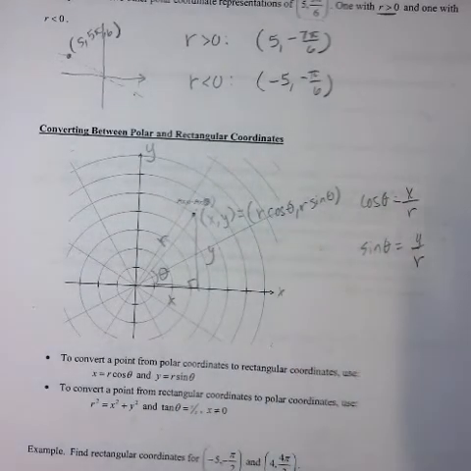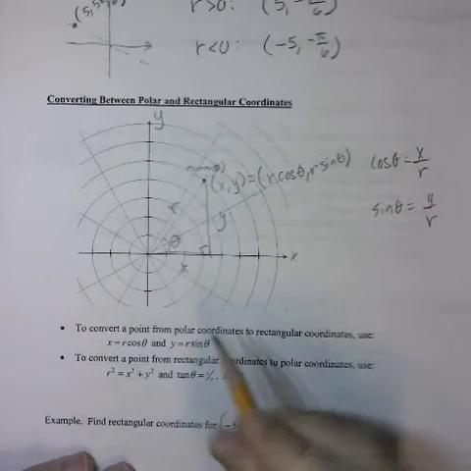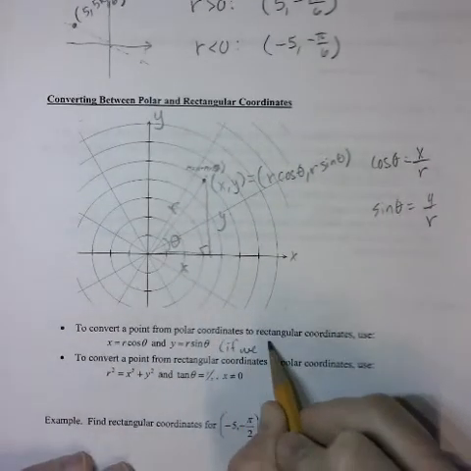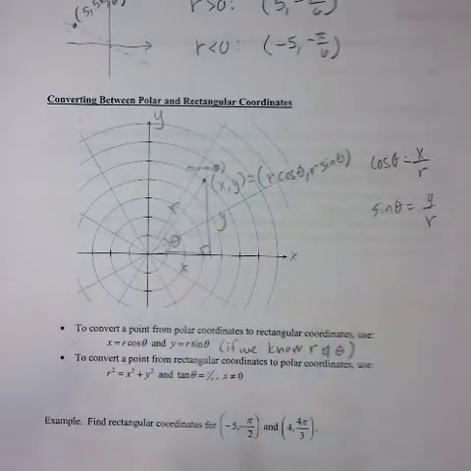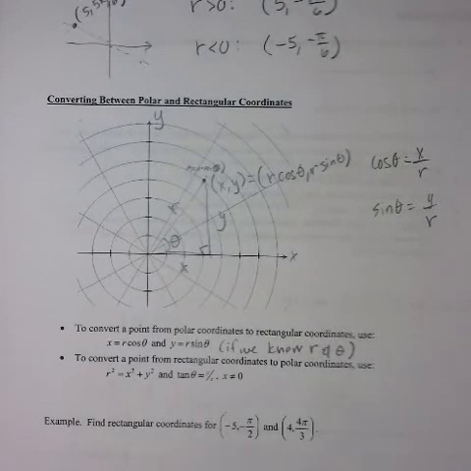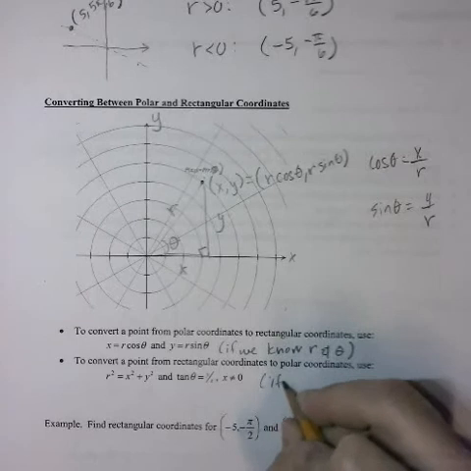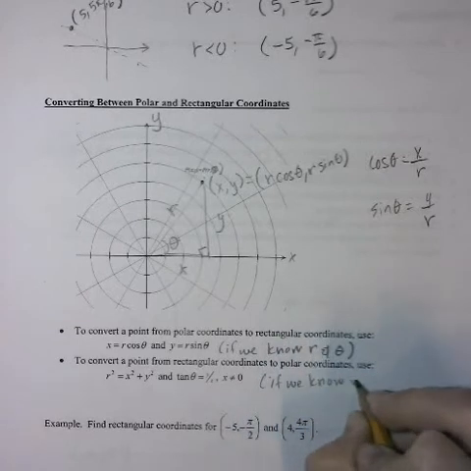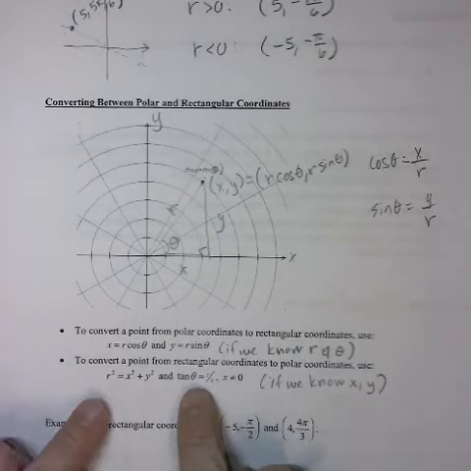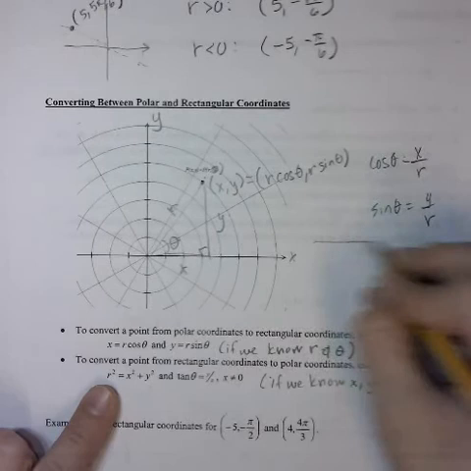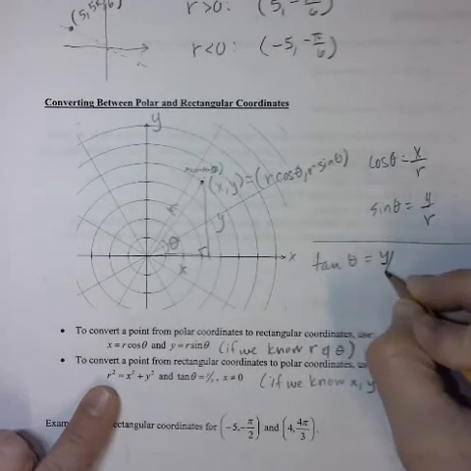So just solve those for x or y. This first set of formulas is if we know r and theta. So we're given the polar coordinate, we convert to rectangular in that case. In the other situation, we know x and y, and we solve for r and theta. So of course, the tangent of theta is y over x. We could use that to solve for theta.